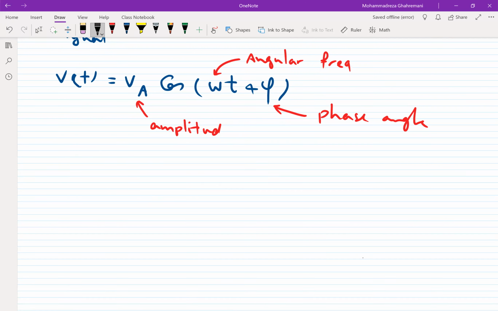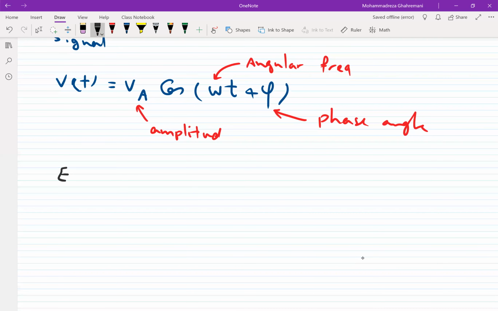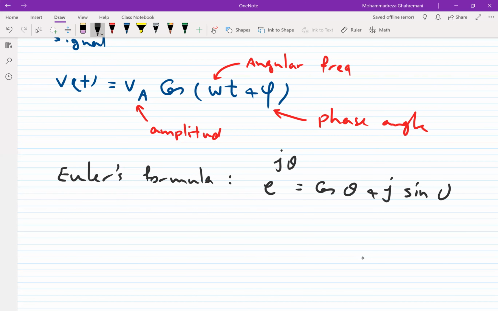So, before talking about the phasor, I want to introduce a very important formula called Euler's formula. What is Euler's formula? This formula says that e to the power of j theta is equal to cosine of theta plus j sine of theta.